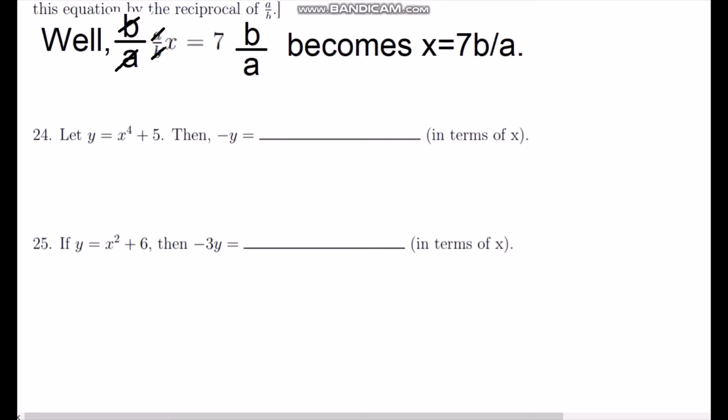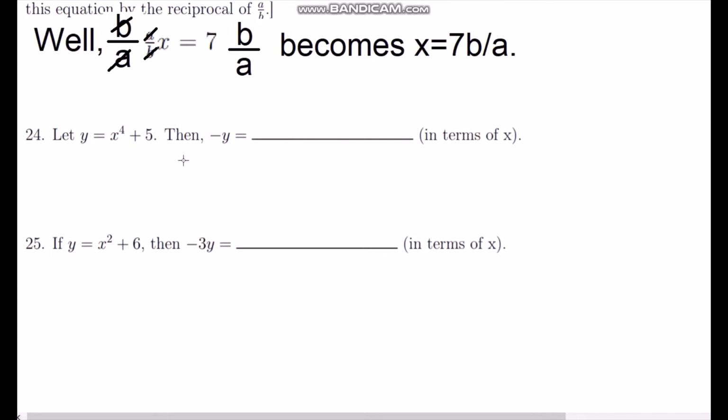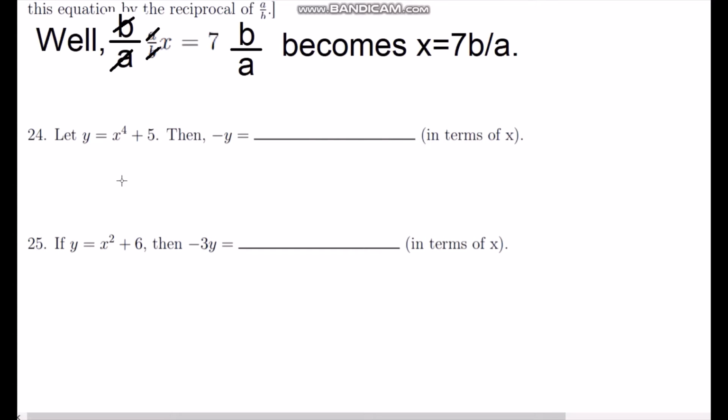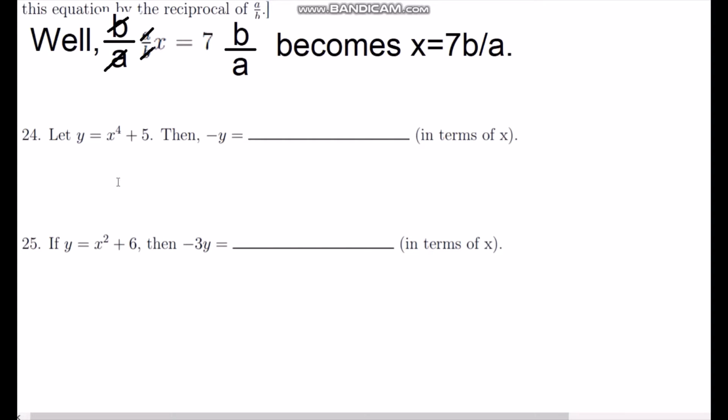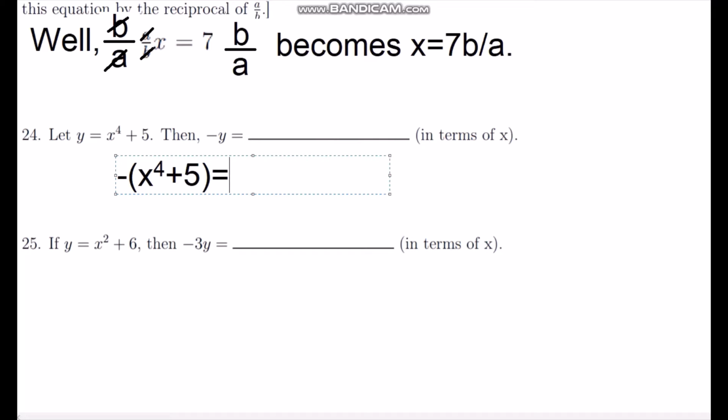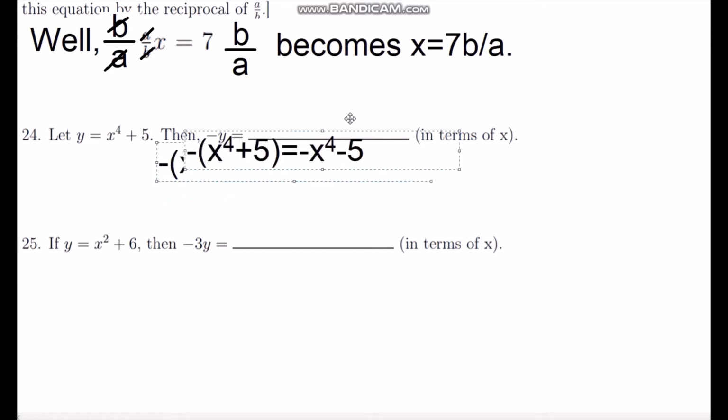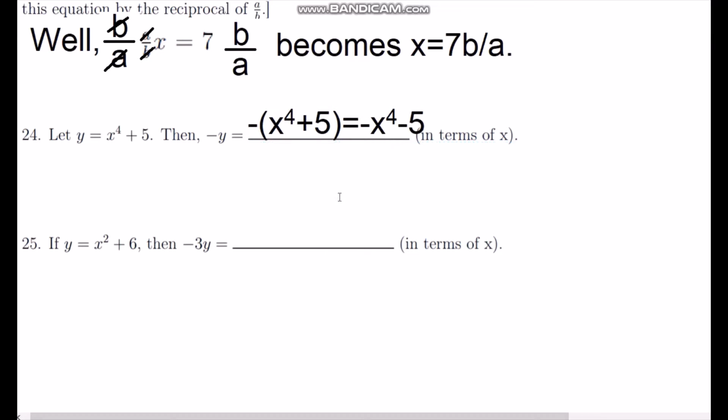Actually, let's do it the right way first. So you have minus y, so we have minus, in parentheses, x to the 4th plus 5, equals minus x to the 4th and then minus 5. So this would be our answer right here.